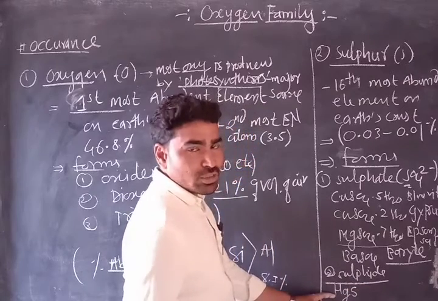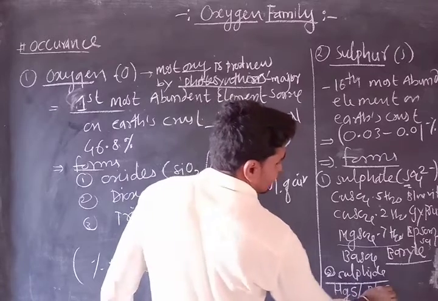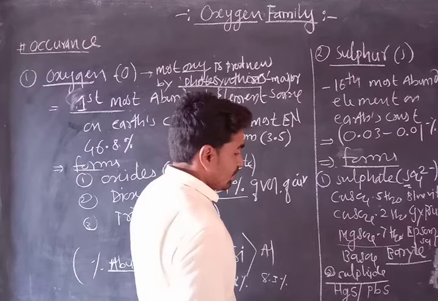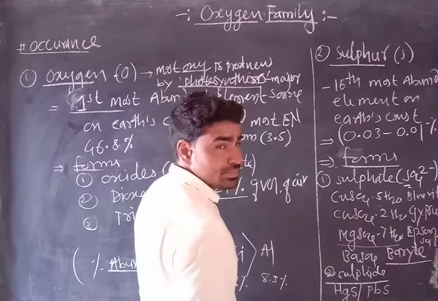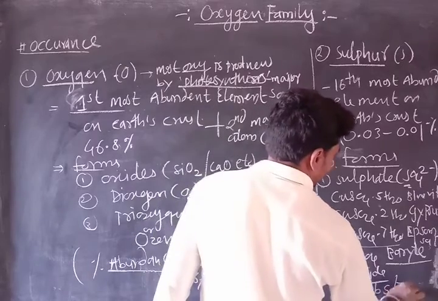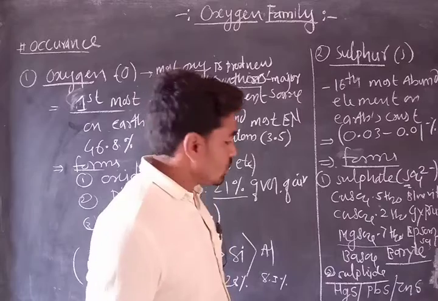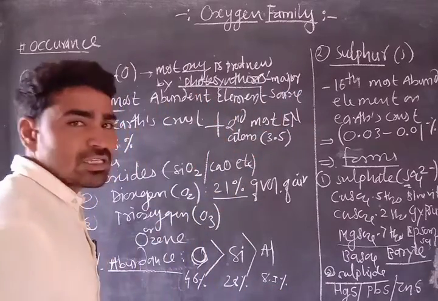Mercury sulfide is also called cinnabar. Here we can write PbS, lead sulfide, also called galena. Here we have zinc sulfide, which is called zinc blende. So in different forms we get sulfur from various sources.